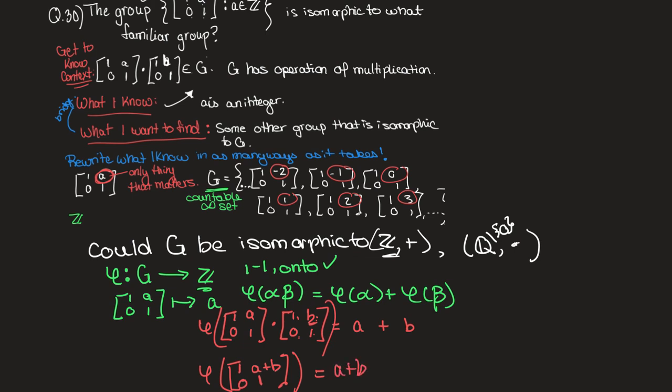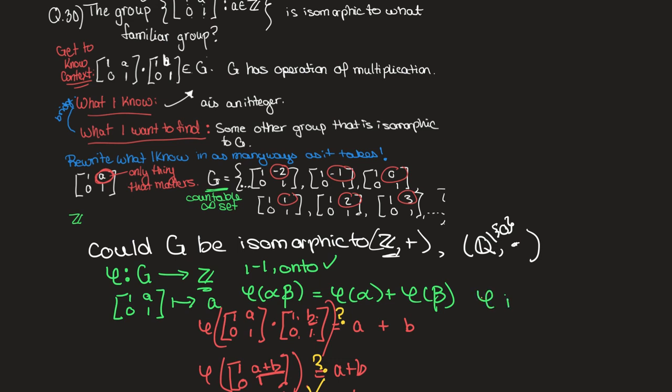I realize this should be a question mark, to make it really clear that this is still a question. And then indeed, under my map, this gets sent to the top right entry. So we get A plus B equals A plus B. So indeed, that's correct. This map is operation preserving.